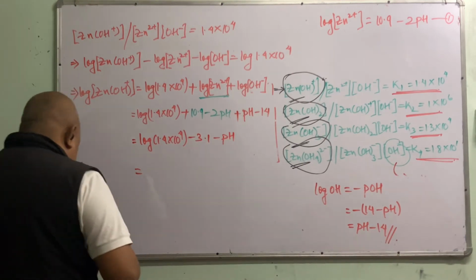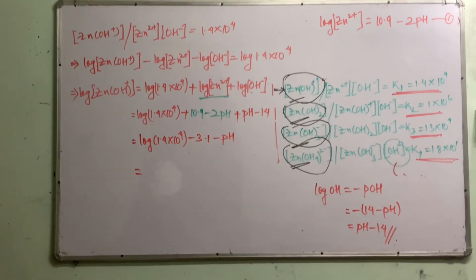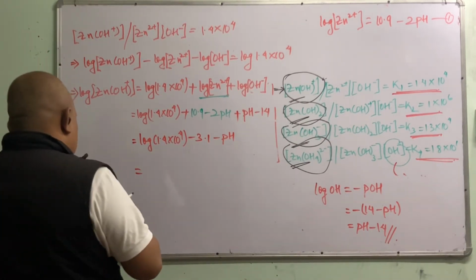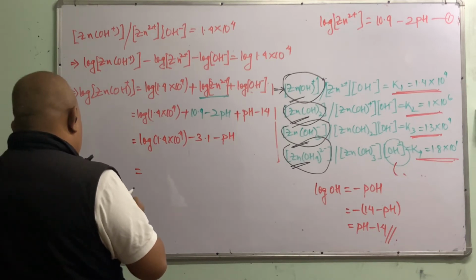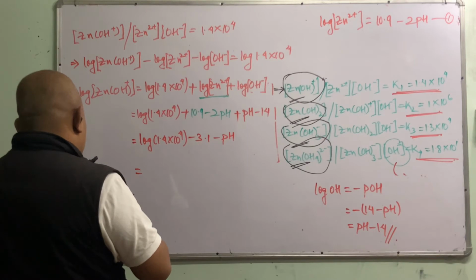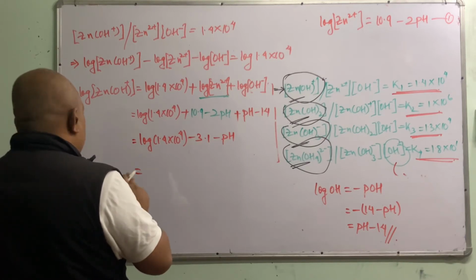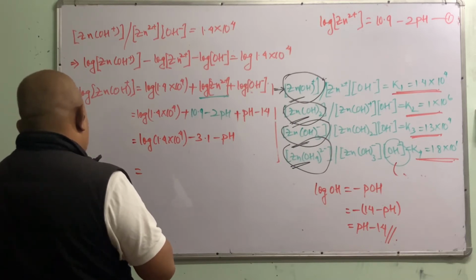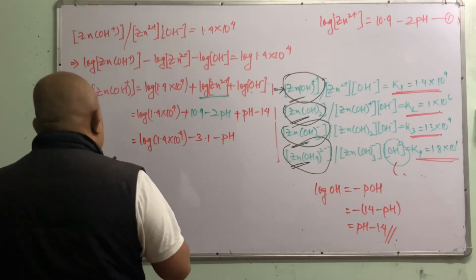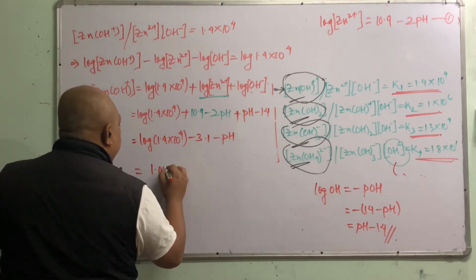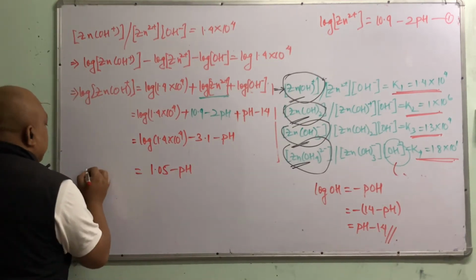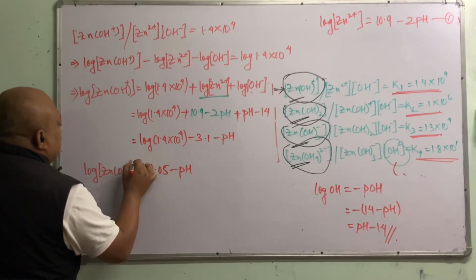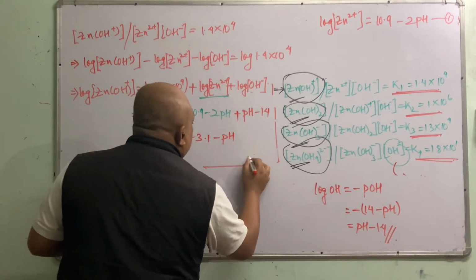So this is equal to 1.05 minus pH. That is log of ZnOH+. This is equation number 2.